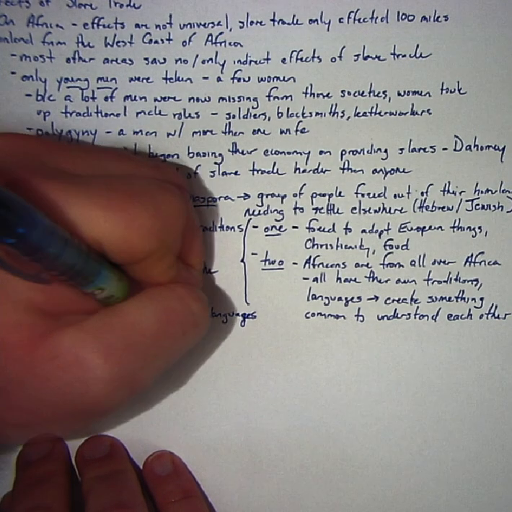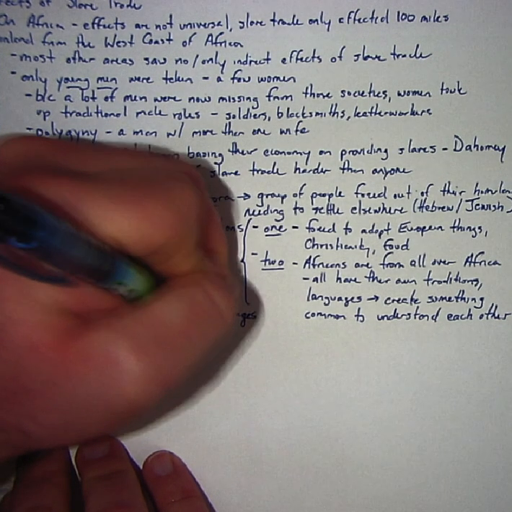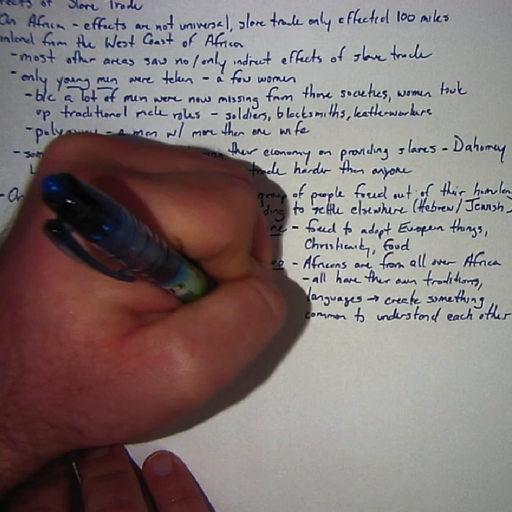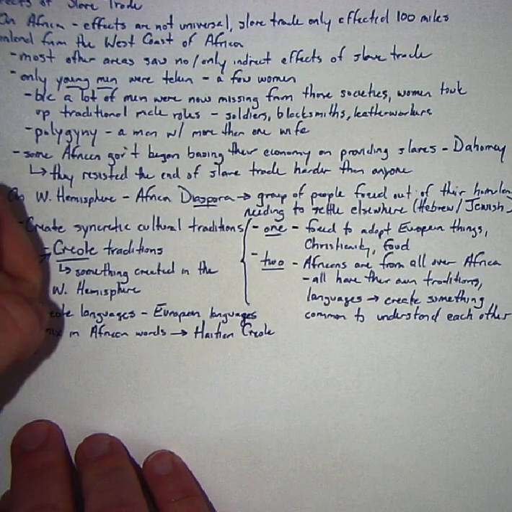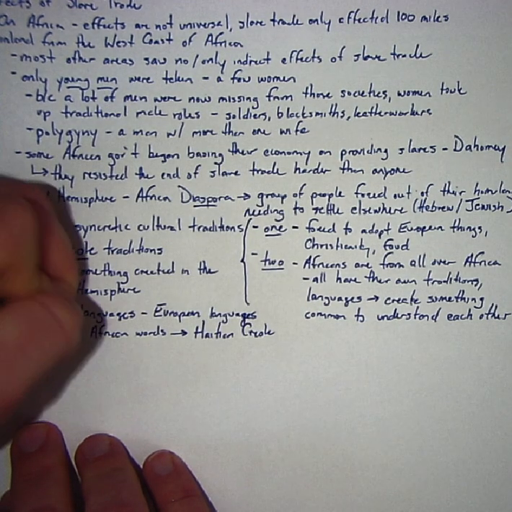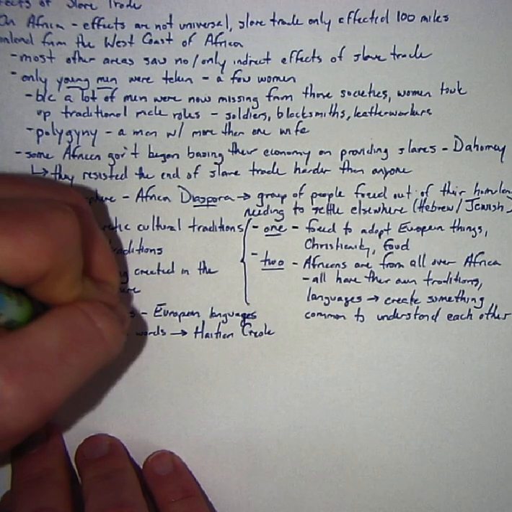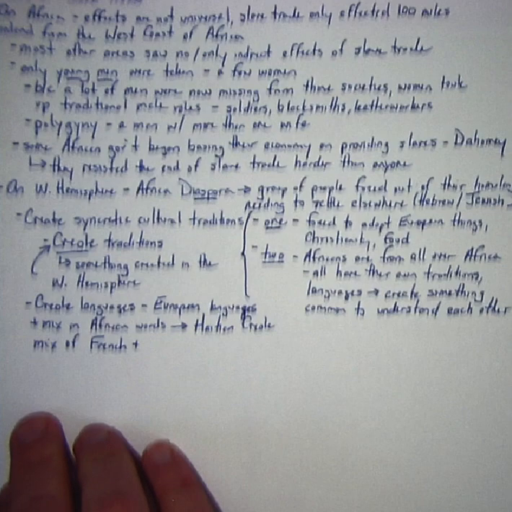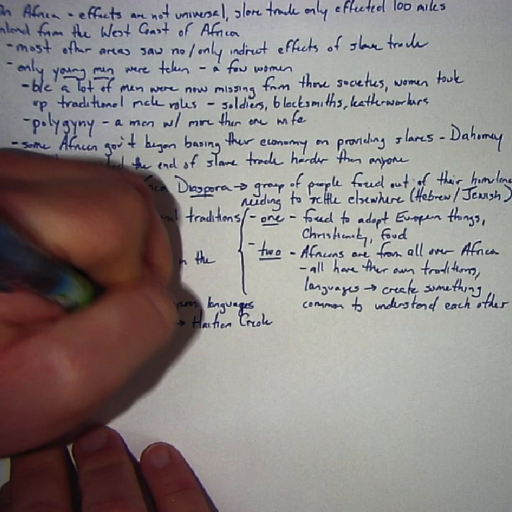And the best example of this might be Haitian Creole, which is kind of a mix of French and West African languages.